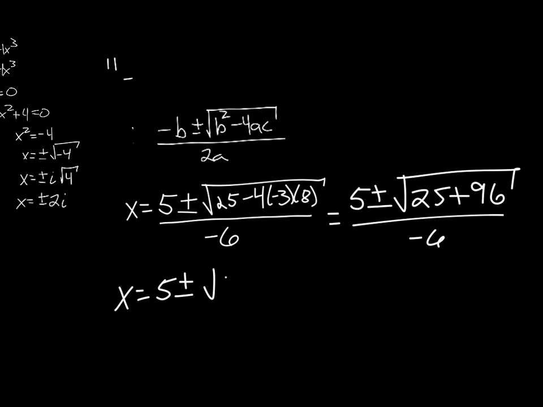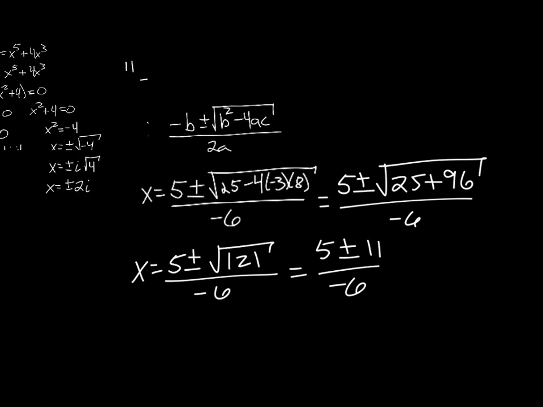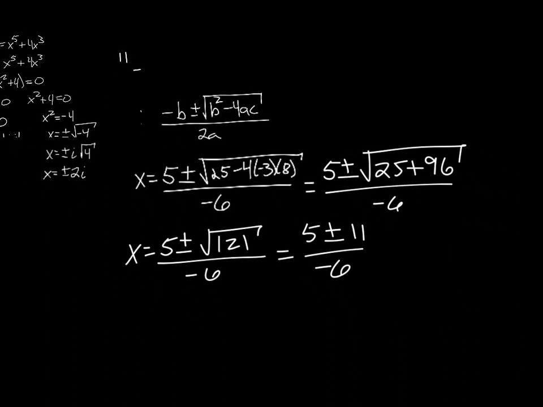What was that, 121? So, all right, one of them is 5 plus 11, that would be 16 over negative 6. So I believe that reduces to negative 8 over 3, right?